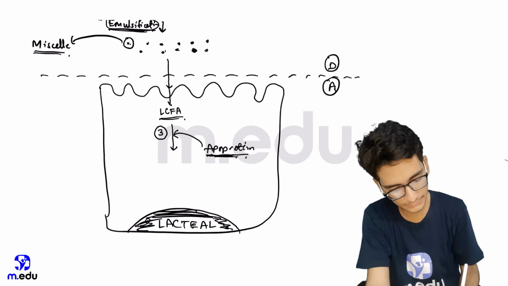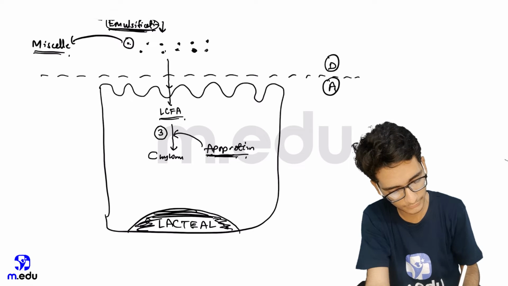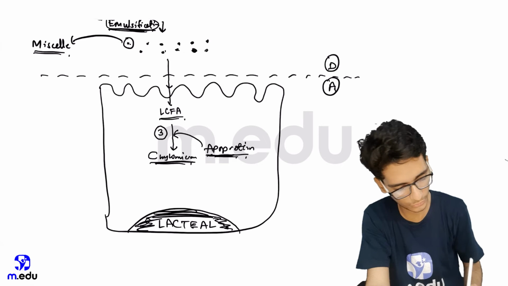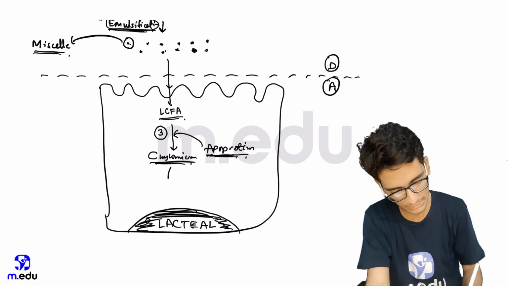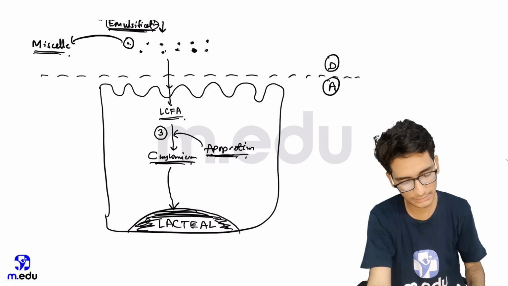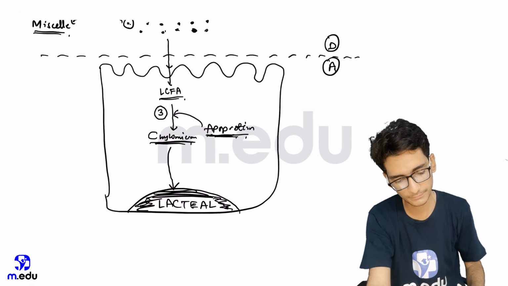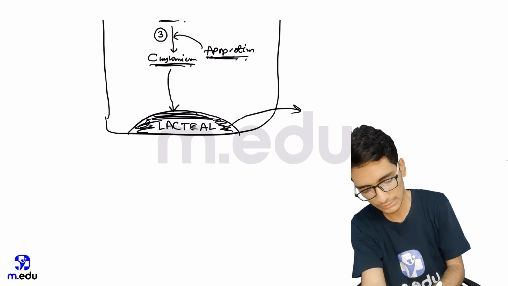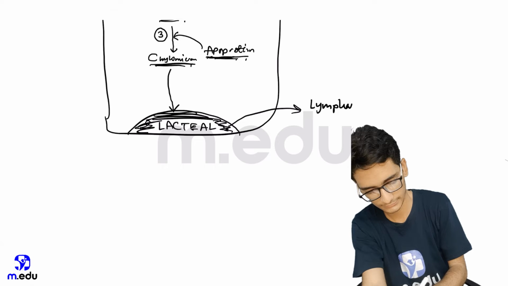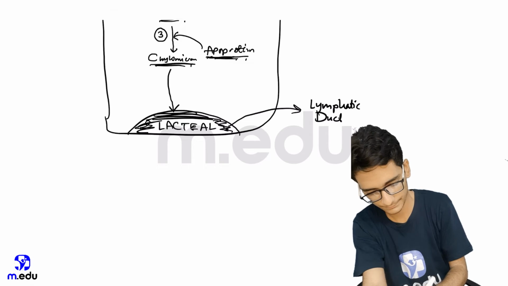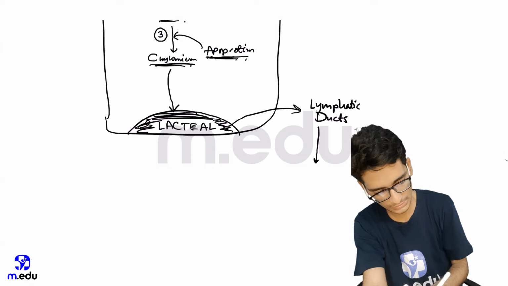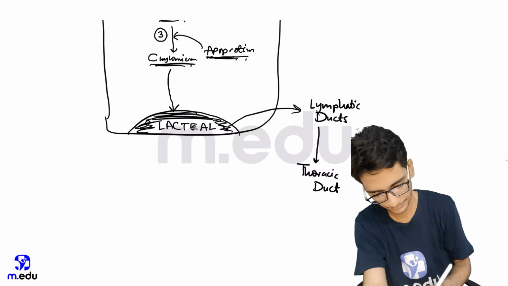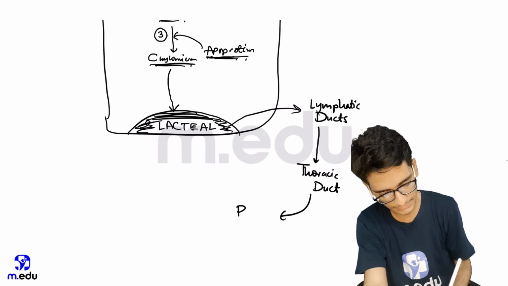So LCFA binds with apoprotein to form chylomicron. That's right, this chylomicron we have heard about. Now it can easily enter the lacteal by passive diffusion. It gets into the lymphatic ducts, through which it goes into the thoracic duct and then blood circulation.